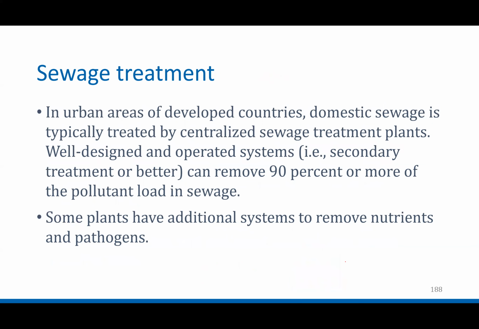In urban areas of developed countries, sewage is typically treated. Most developed countries, any place that has the money, would typically have a centralized sewage treatment plant. So all of the sewage goes to one place and then it's treated. A good treatment plant can remove 90% or more of the pollutant load in that sewage, so we can do a pretty good job of removing this type of pollution.